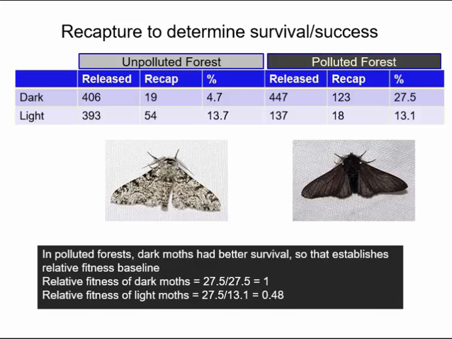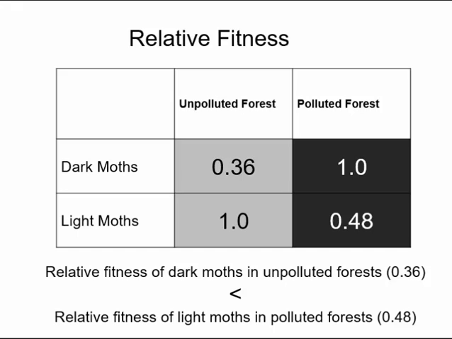And then we can plug these relative fitness numbers into a table, if that's helpful, and make more direct comparisons. What we see is the relative fitness of dark moths in unpolluted forests is less than that of light moths in the polluted forests. Another way to think about this is that selection is much stronger against black moths in the unpolluted forests. Birds are seeing them more readily, perhaps.